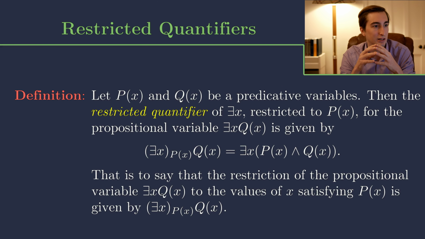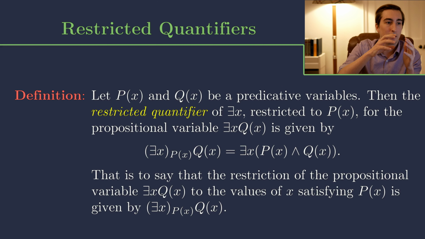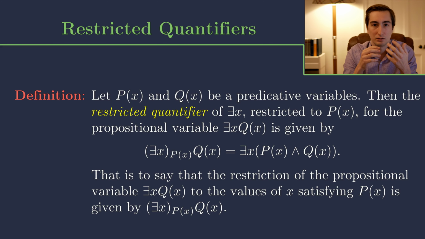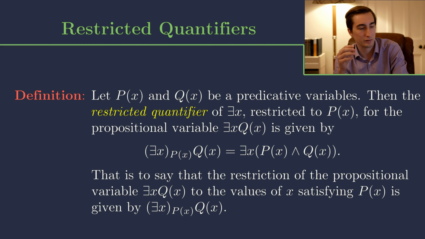In other words, we're given the propositional variable exists x Q of x, and we want to restrict that to the values of x that also satisfy P of x. That's what we write here by this restricted quantifier.